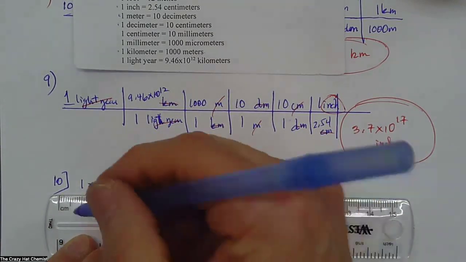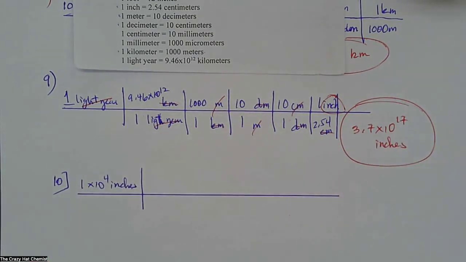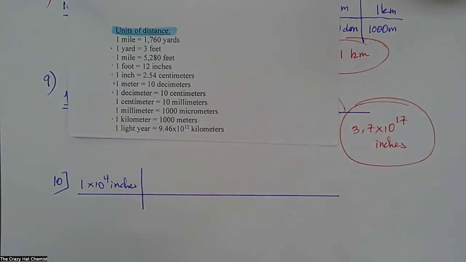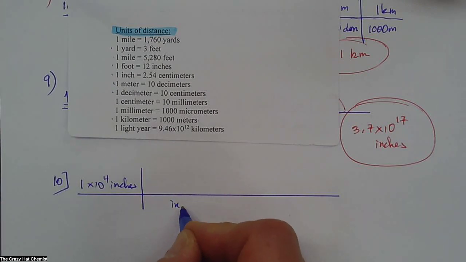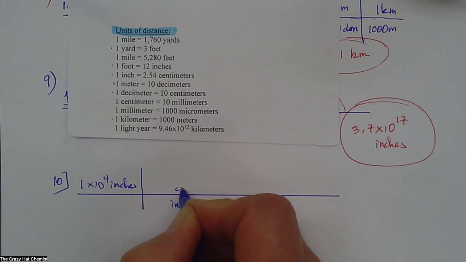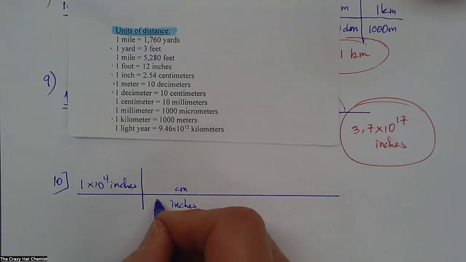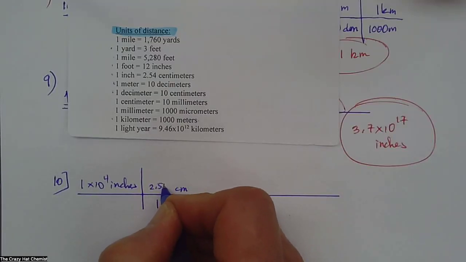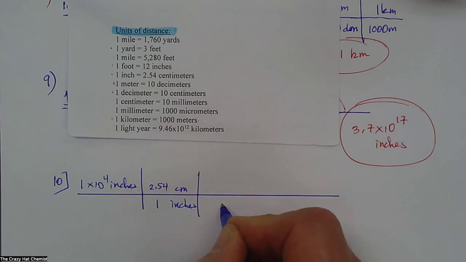So, all right, we're going to have our unit conversions right up here. We want to get to kilometers, and we have inches. So inches to centimeters. There's 1 inch, 2.54 centimeters.